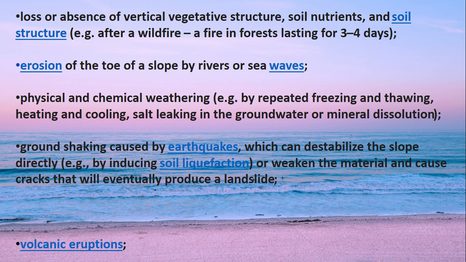When erosion occurs on the bank of rivers by sea waves, land erosion or landslide can occur. Then physical and chemical weathering processes, and ground shaking caused by earthquakes.